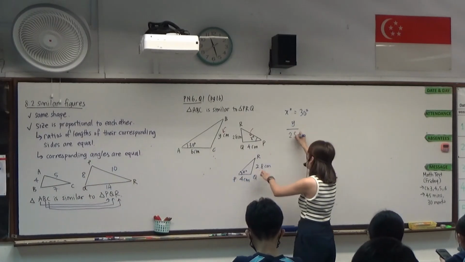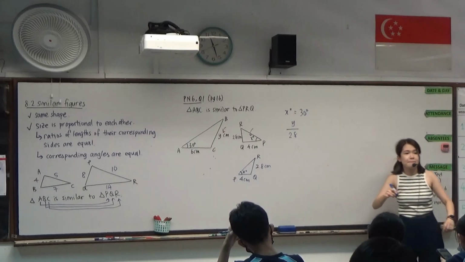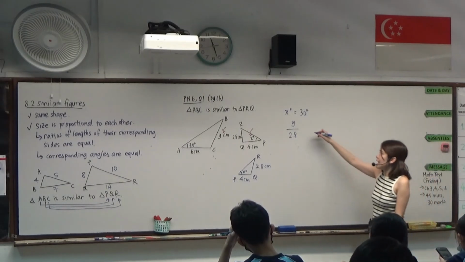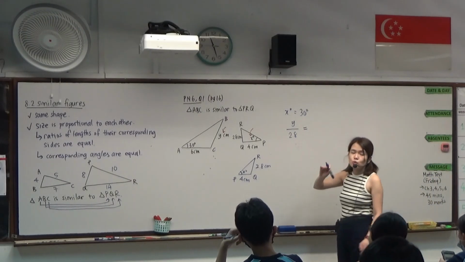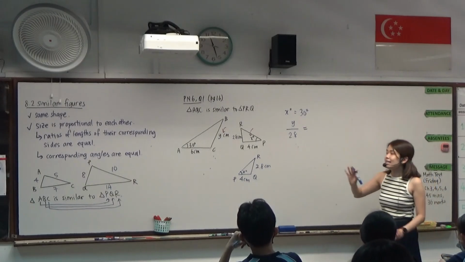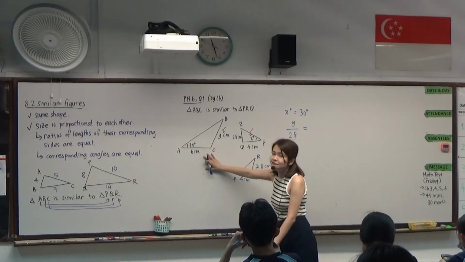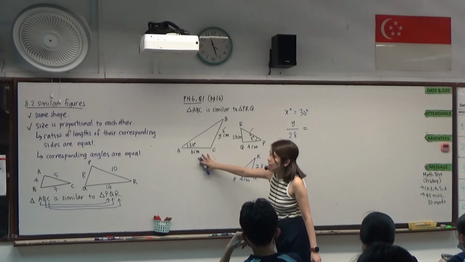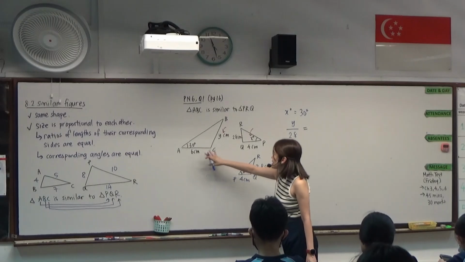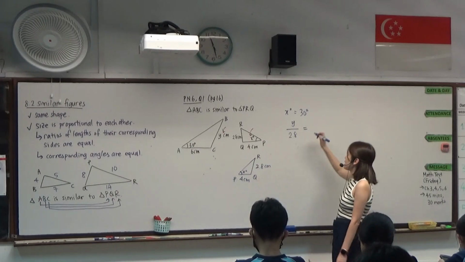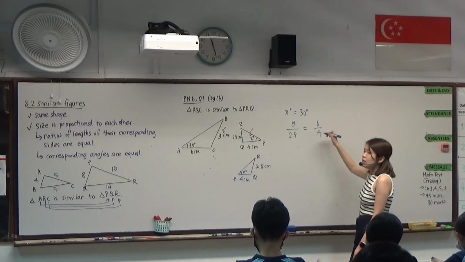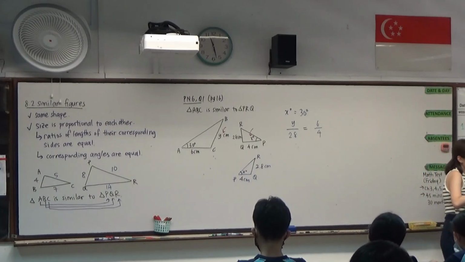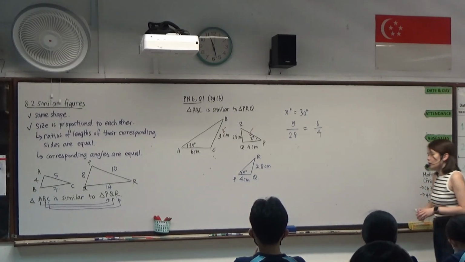I will write it as Y over 2.8. Then it is equal to the ratio of another pair that I can find. In the first triangle, I have 6 cm versus 4 cm. So I form my statement in this manner.